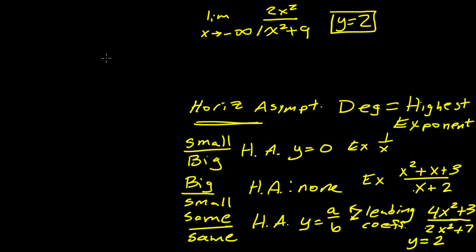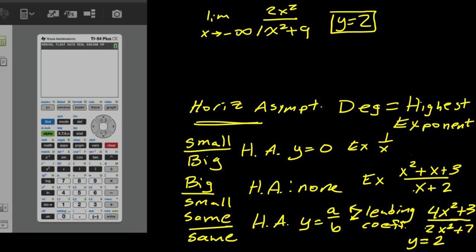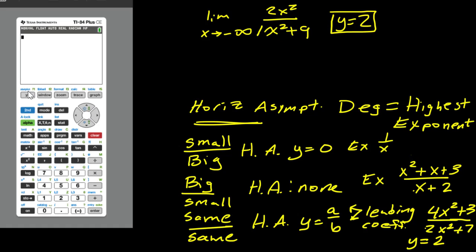We can also do this in our calculator. If we pull up our calculator and go to y equals and clear this out, bring up a fraction, type in 2x squared on top, over x squared plus 9 on the bottom.